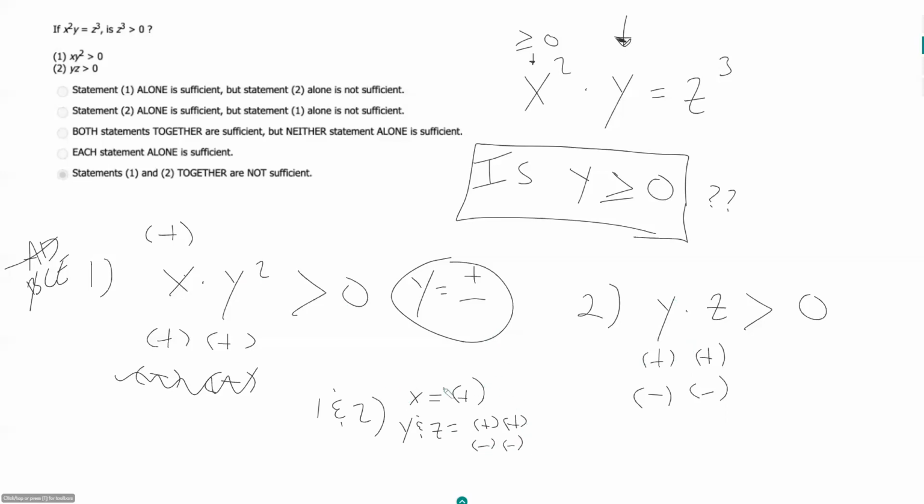If x is positive and y is positive, then z cubed is positive. But if x is positive and y is negative, then z cubed is negative. So together, these statements really aren't adding anything. So E.